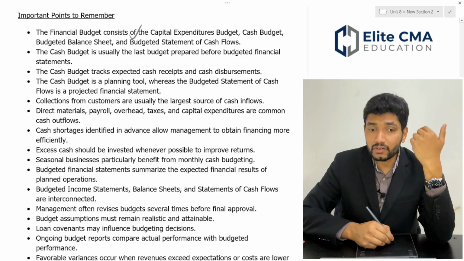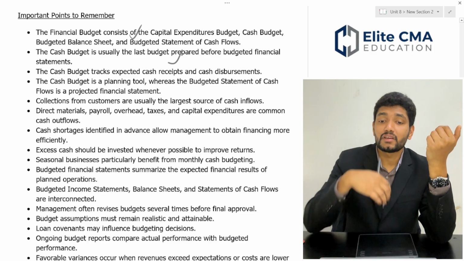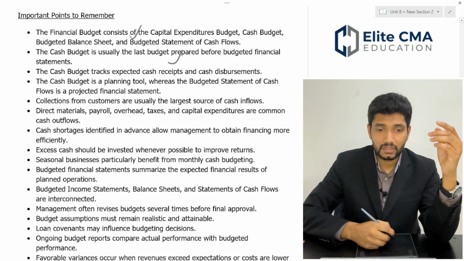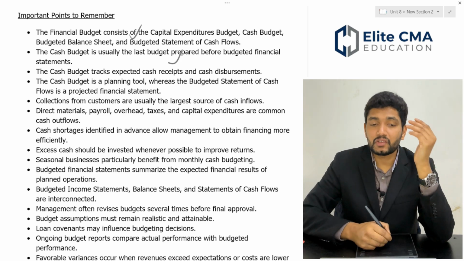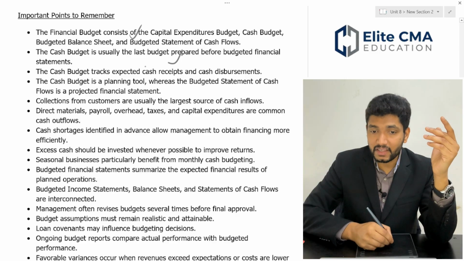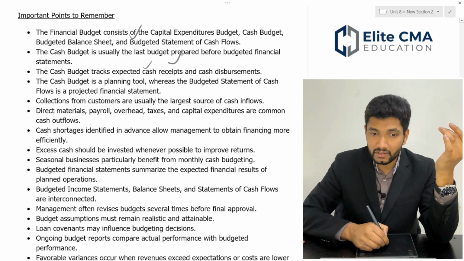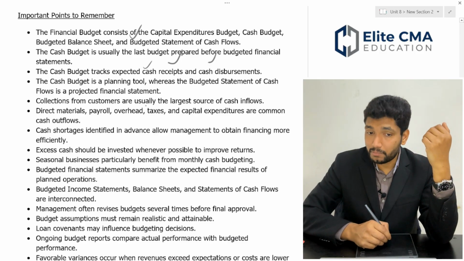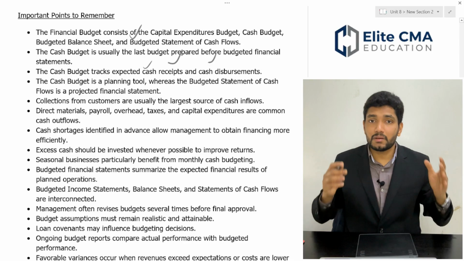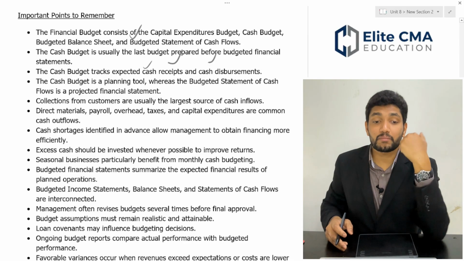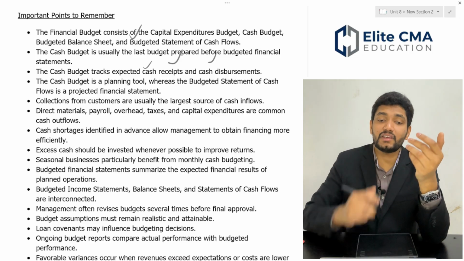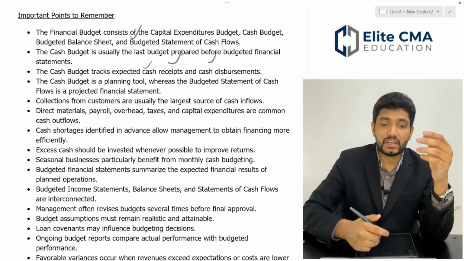The cash budget is usually the last budget prepared before the budgeted financial statements. And what is a cash budget? It tracks the expected cash receipts and cash disbursements for a period of time. The cash budget is a planning tool, whereas the budgeted cash flow statement is a projected financial statement. This is the key difference between the cash budget and the cash flow statement.